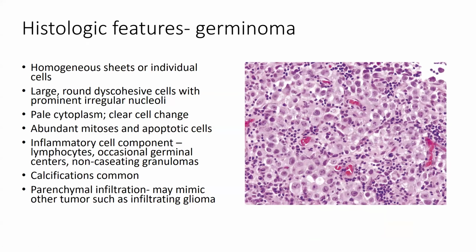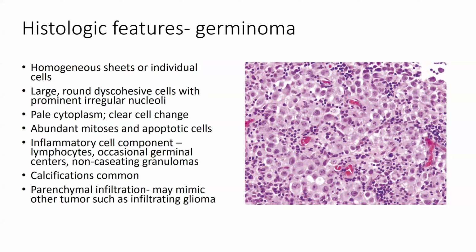Germinomas have, as already discussed, very classic histologic features with these homogeneous sheets or individual cells that are large, round, discohesive, and have these prominent irregular nucleoli. They can also have very pale cytoplasm or even clear appearing cytoplasm.